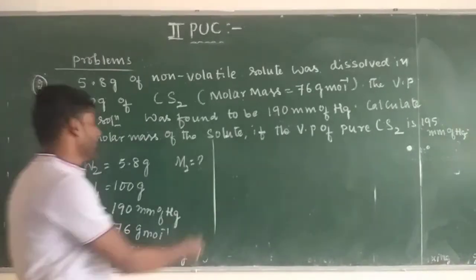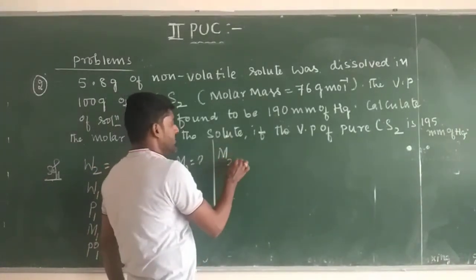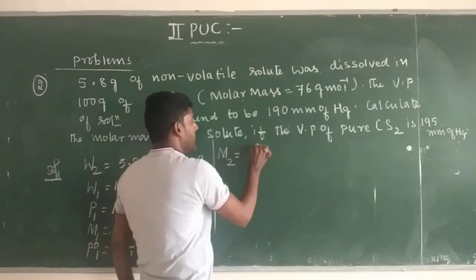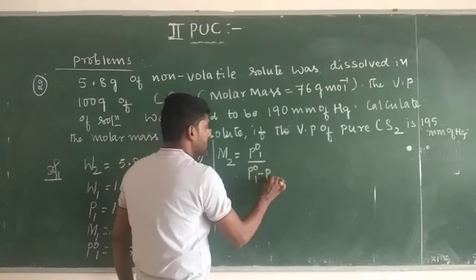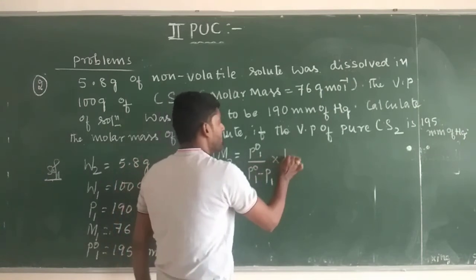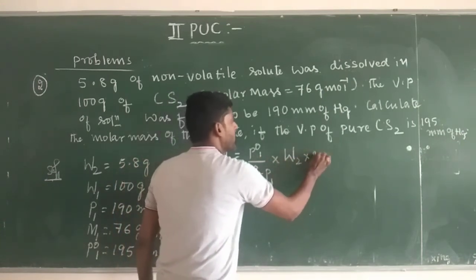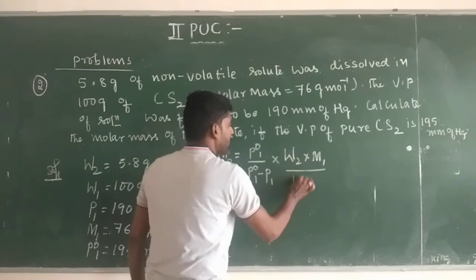So here the equation is M2 is equal to P01 divided by P01 minus P1 into W2 into M1 divided by W1.